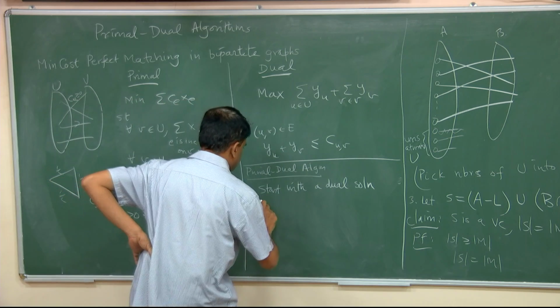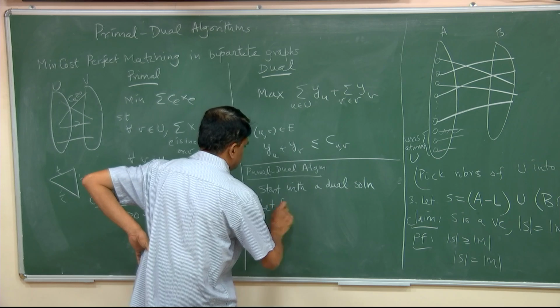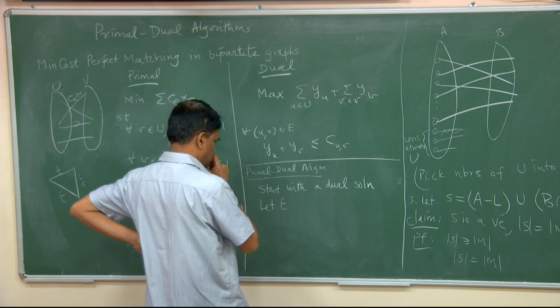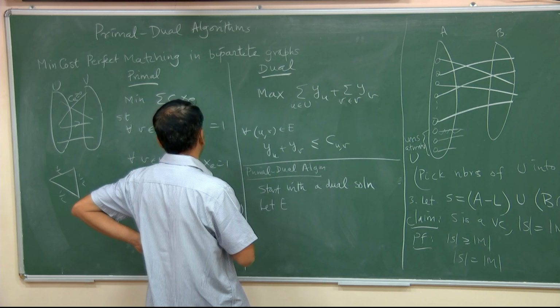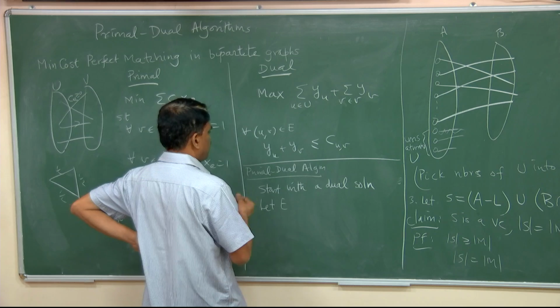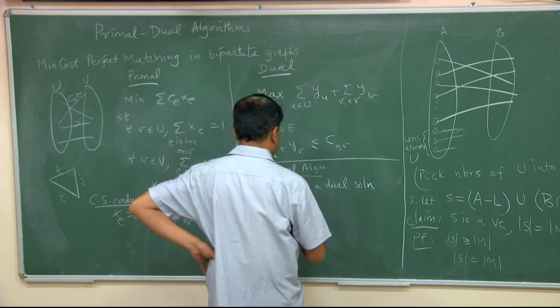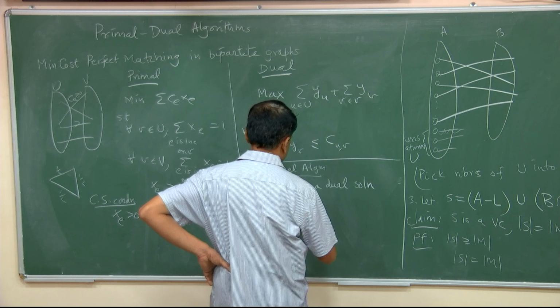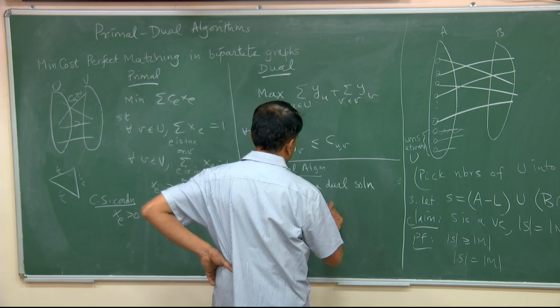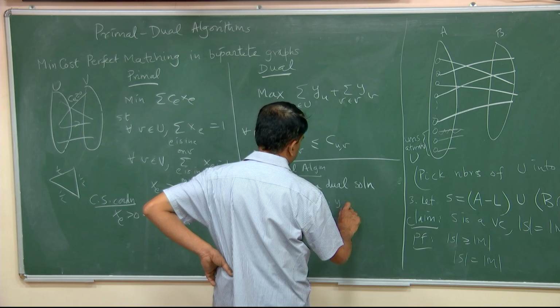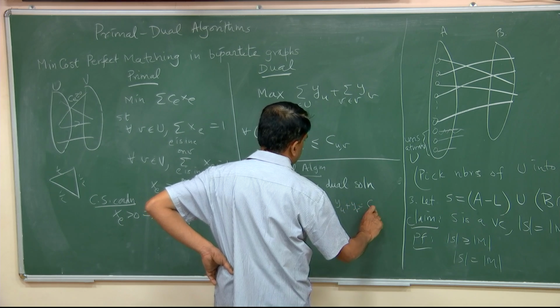I'm writing this for this problem, but E is the set of all uv such that y_u plus y_v equals c_uv.